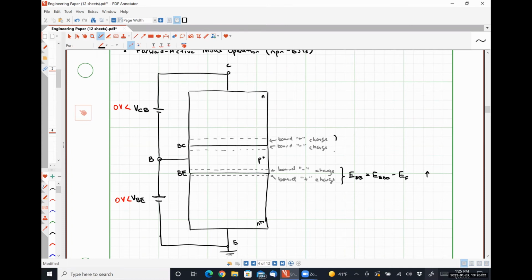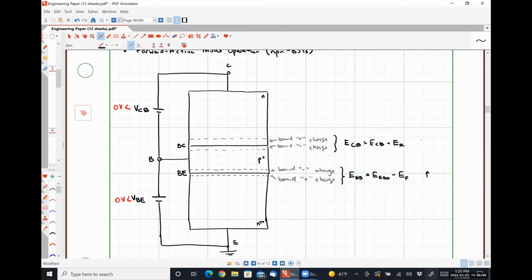And when we put those two conditions together, we have an electric field E going from the collector to the base, and it will be E_CB0 plus E_R. So it's being enhanced by the reverse bias voltage.